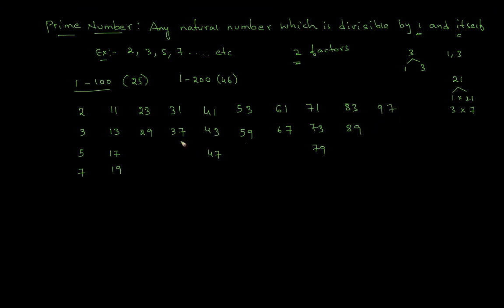You have 25 prime numbers between 1 and 100, right?